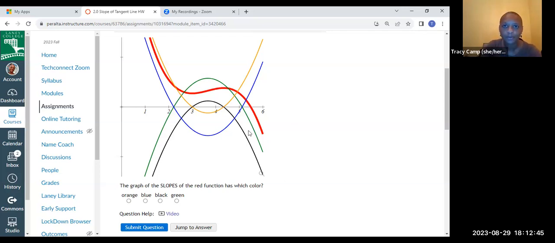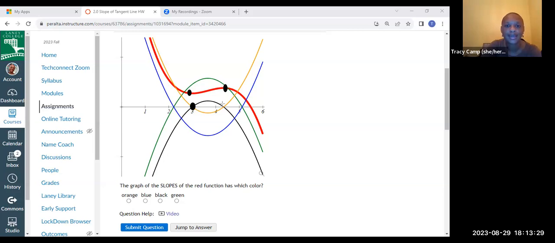You want to go through what we just went through. First, identify the high points and low points on this red curve. It's kind of hard to see, but it looks like we have a low point right here, and a high point here. If I go down to the x-axis, wherever I have a high point and a low point, that's where I'm going to have my 0 for my derivative.